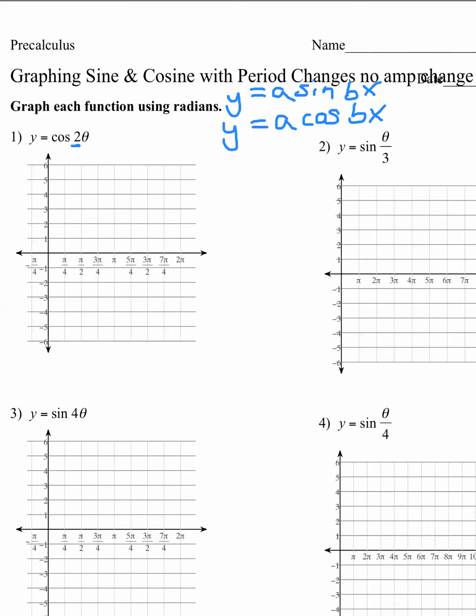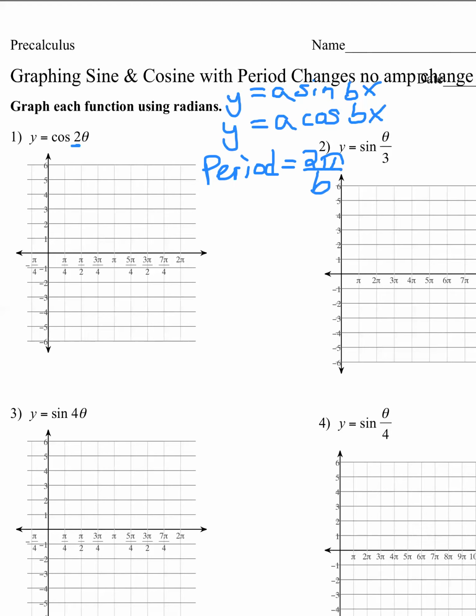Okay, so I think I already explained how to find b. It's just the coefficient in front of theta, or it could be an x, so not a big deal if it's an x. Now, it would be so easy if that was just the period, but it's not exactly. Your period is equal to 2 pi divided by whatever b is.